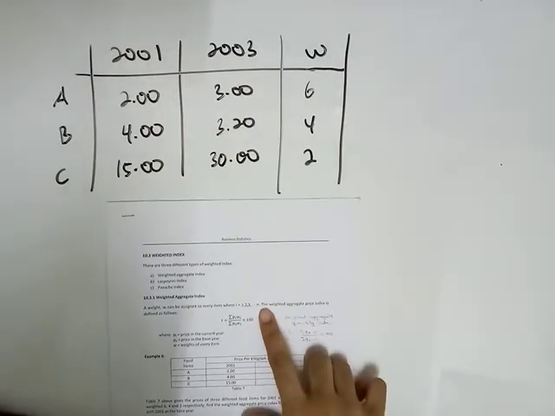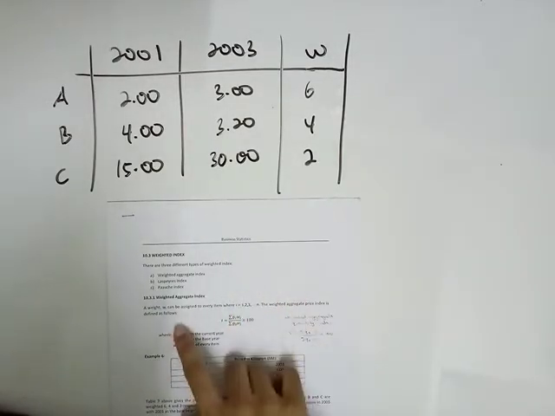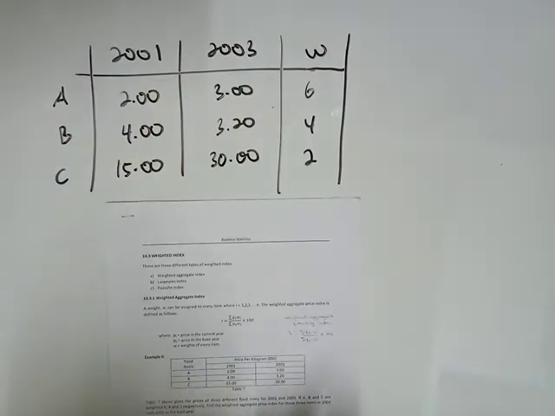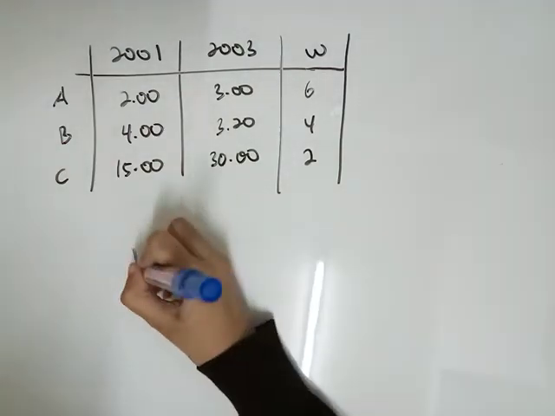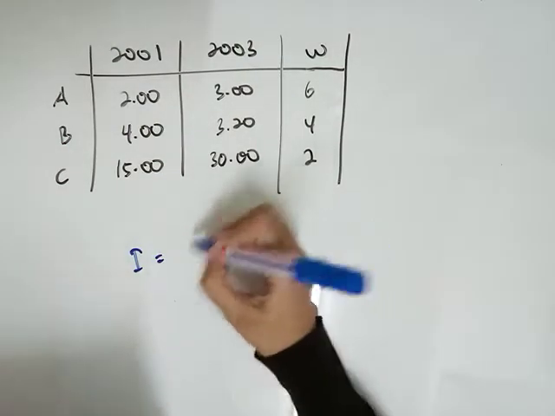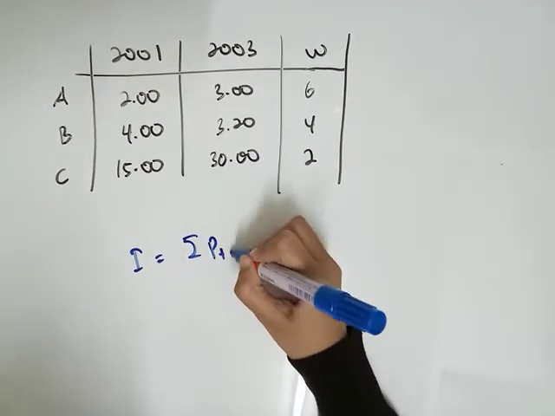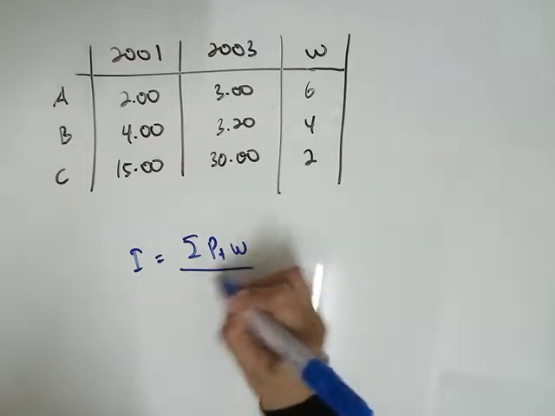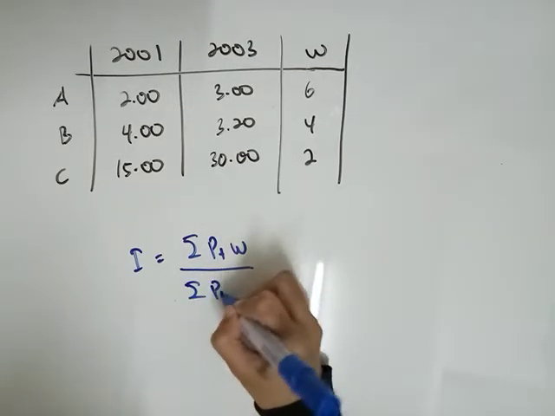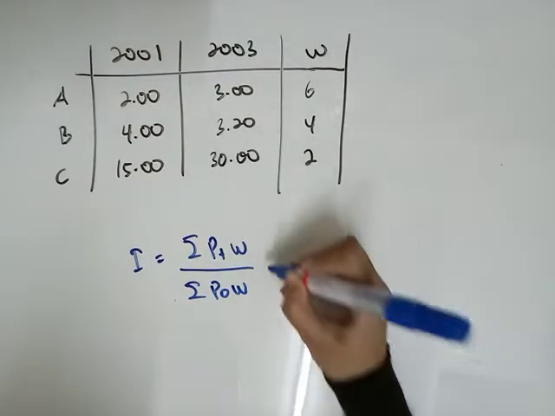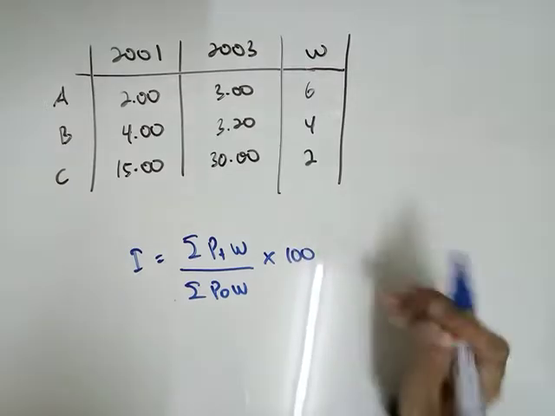Okay, the weighted aggregate price index, it is defined as, so the formula is I equals to the total of PT times with weight divided by the total of P naught times with weight, and then multiply with 100.